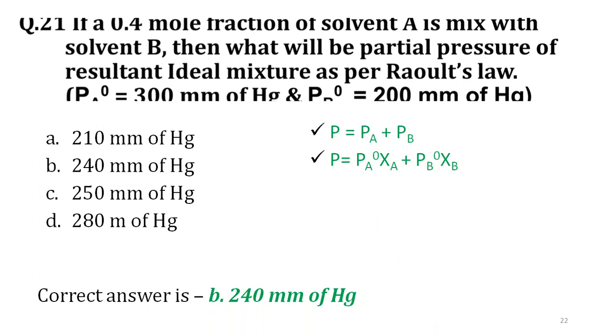PA0 is the vapor pressure of pure component A, XA is the mole fraction of A, and similarly PB0 and XB are the pure vapor pressure of component B and its mole fraction.